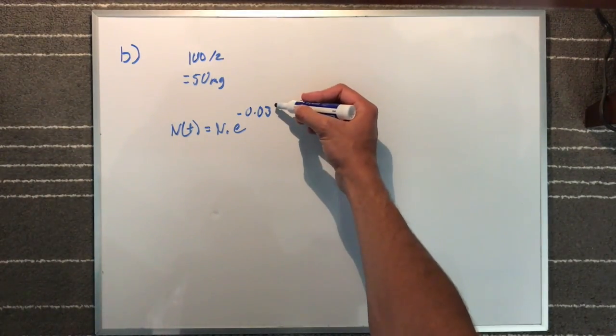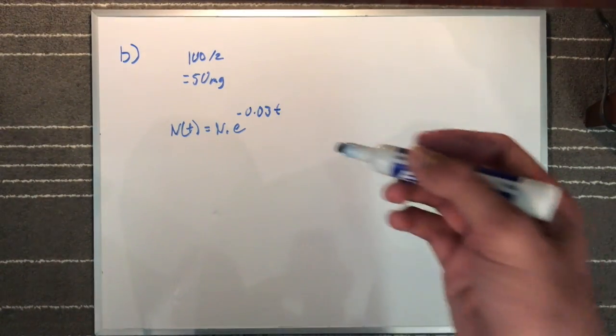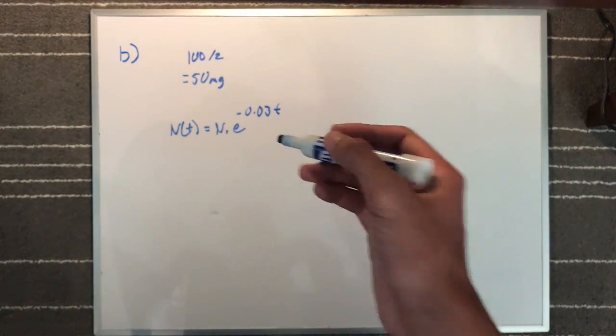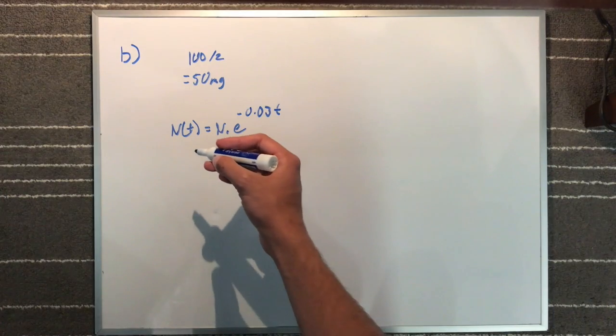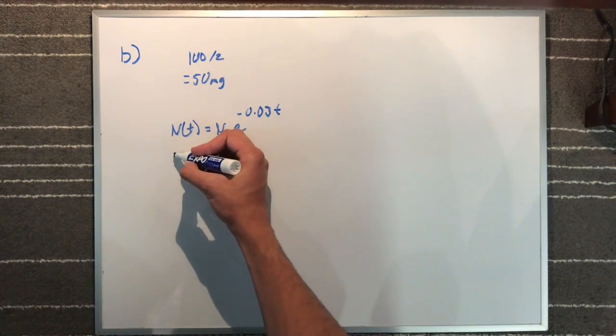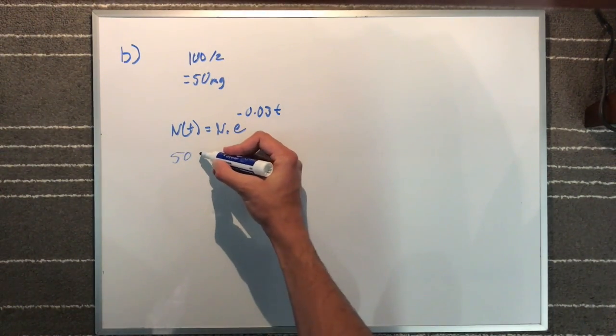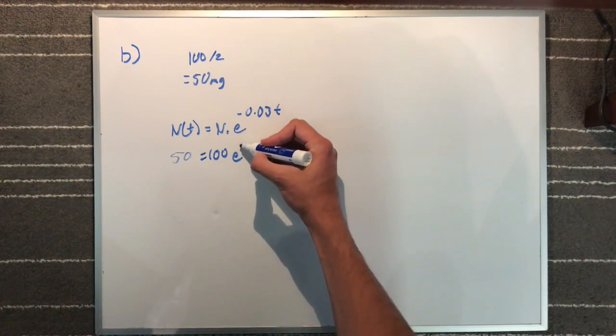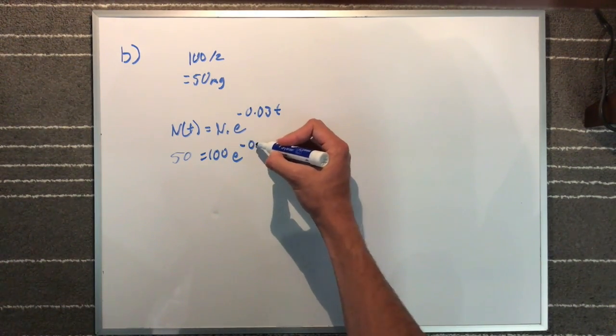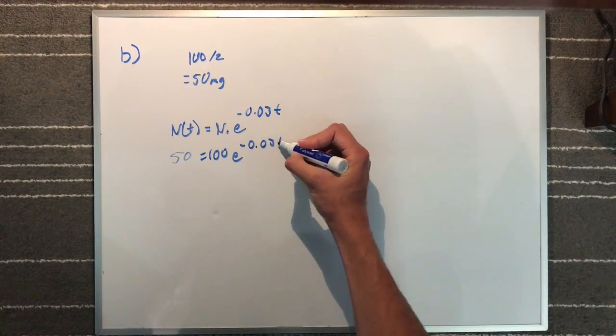And then times t, and t is what we'll be solving for in this equation to see how long it takes to get to that halfway point. So again, I'm going to sub in the rest of the values. Our final value is 50 milligrams, our original value is 100, multiplied by e to the power of negative 0.03 times t.